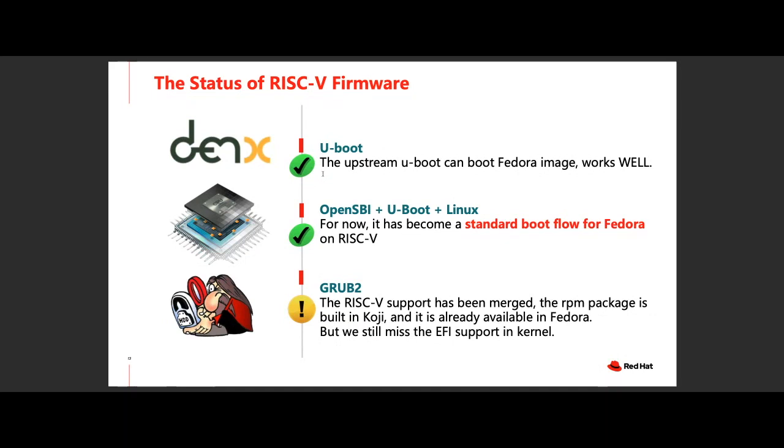For Grub 2, we already have some packages upstream, and maybe we can use that. But for now, we have some trouble. We have some problems with UEFI, so we still cannot use Grub to boot Linux for now, but we can do this very soon. Next slide, please.